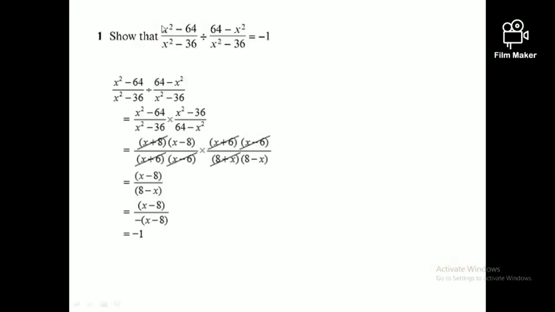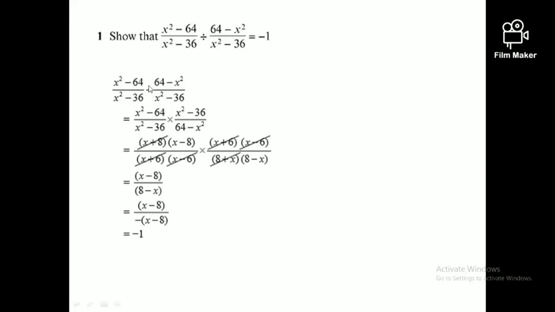If you come across this example, what you need to do is x squared minus 64 divided by x squared minus 36, divided by 64 minus x squared over x squared minus 36. Initially you can put a multiplication and take the reciprocal of it.